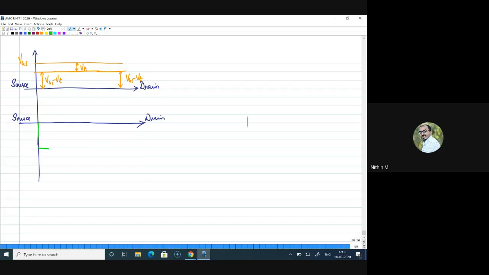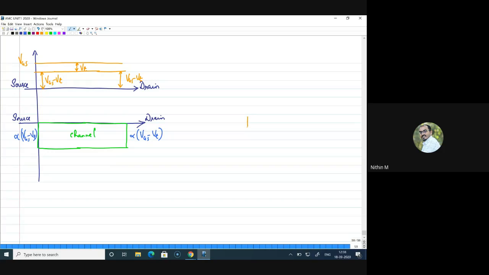There is a uniform channel because the same voltage is available at both the source end and the drain end. So this is the channel. Now I will write one more thing here. At this end of the channel, I have a voltage available which is proportional to VGS minus VT. Similarly, at the other end also I have a voltage proportional to VGS minus VT available. That is why I have a uniform channel.